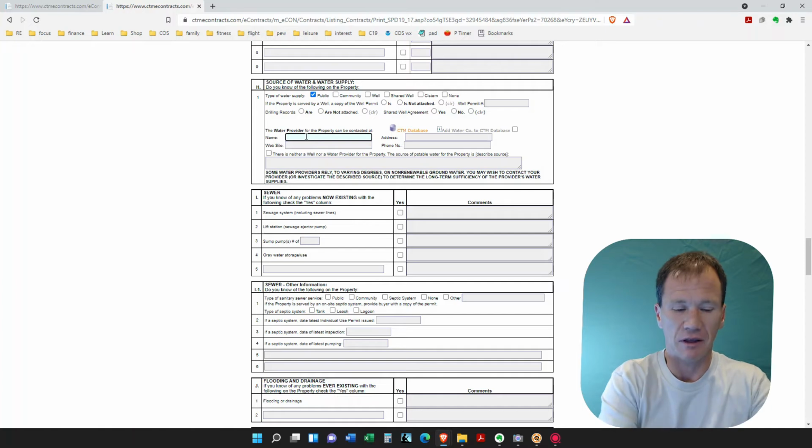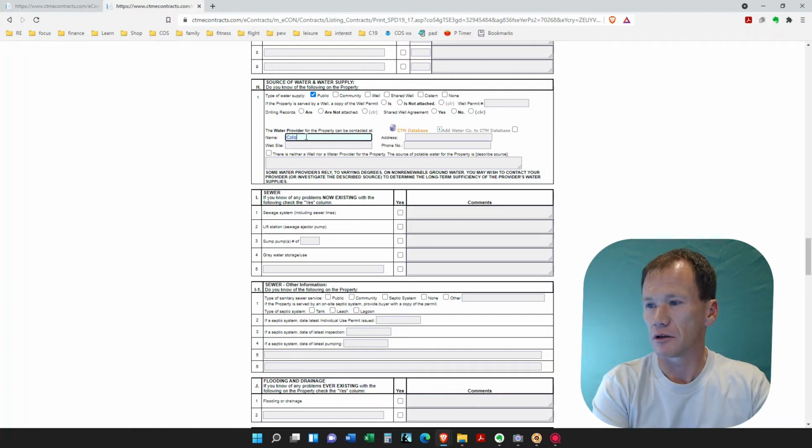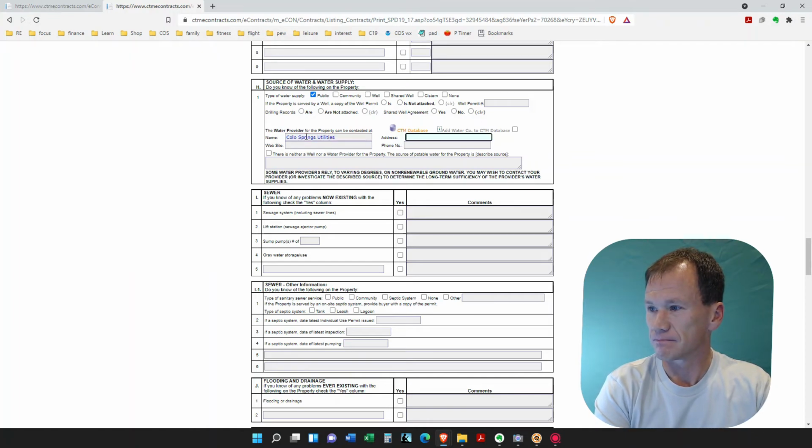But for the most part, almost all these are going to be simply public. And then the name of the company. So let's say it's Colorado Springs Utilities. Their address is, I don't remember. It's down there on Cascade Avenue, 123 Cascade Avenue.